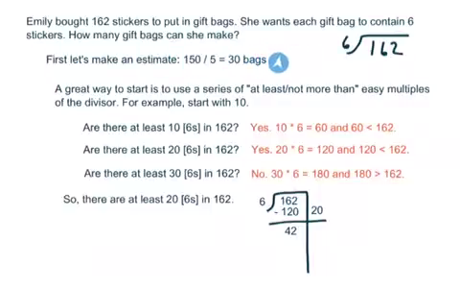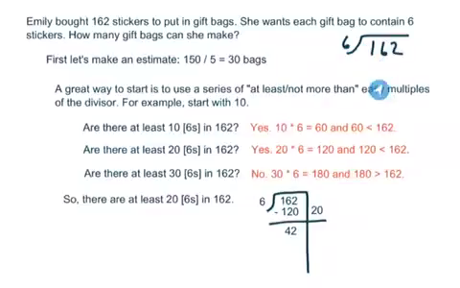So that's an estimate. So a great way to start is to use a series of at least but not more than easy multiples of the divisor. So, for example, I could start with 10 and ask myself, are there at least 10 6s in 162? 10 6s. Well, yes, because 10 times 6 is 60, and 60 is less than 162.